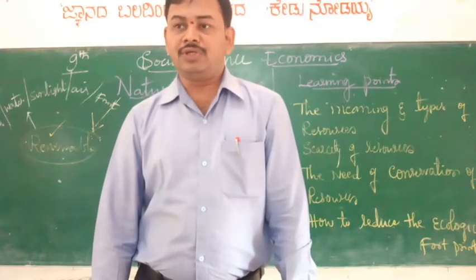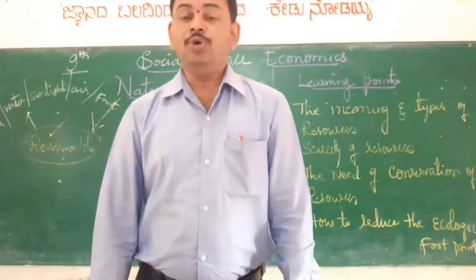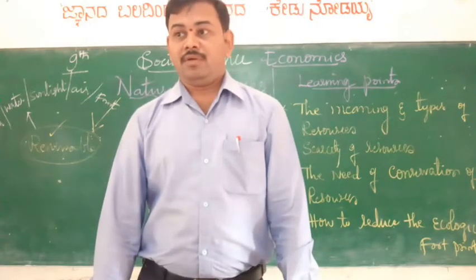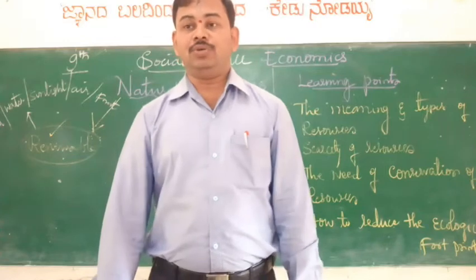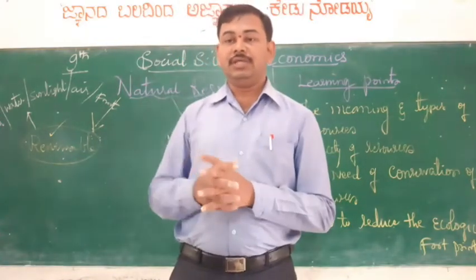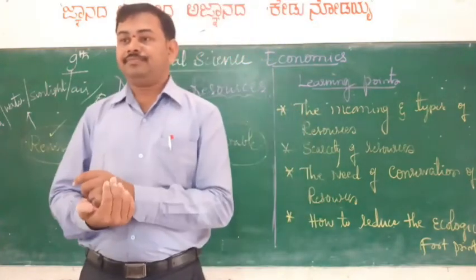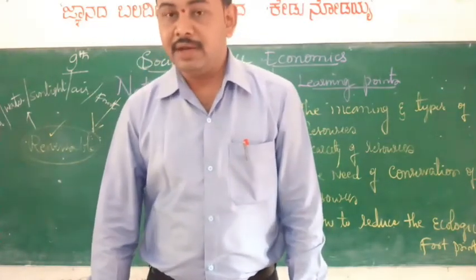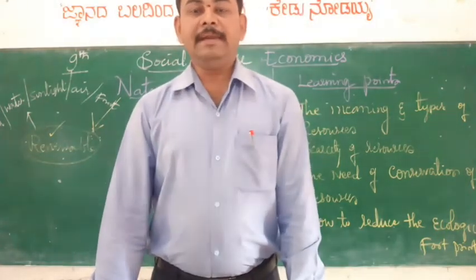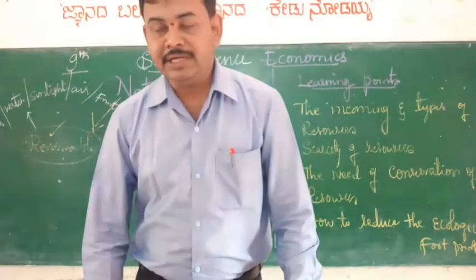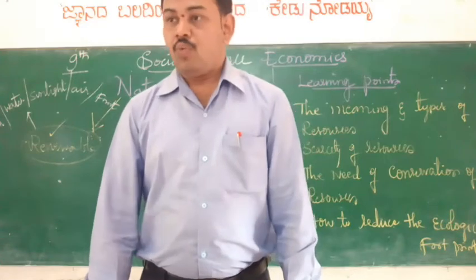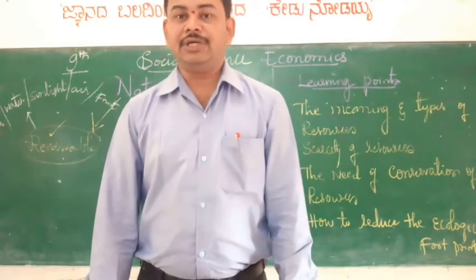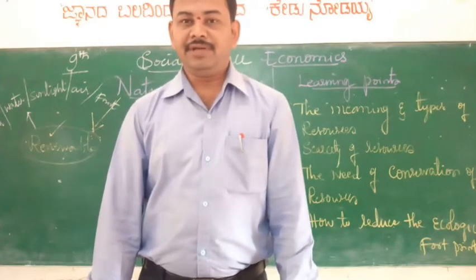Biotic resources are the resources that are derived from living organisms, and abiotic resources are the resources that are derived from non-living components of nature. While plants and animals are biotic resources, water, soil, minerals, etc. are abiotic resources. Got it?